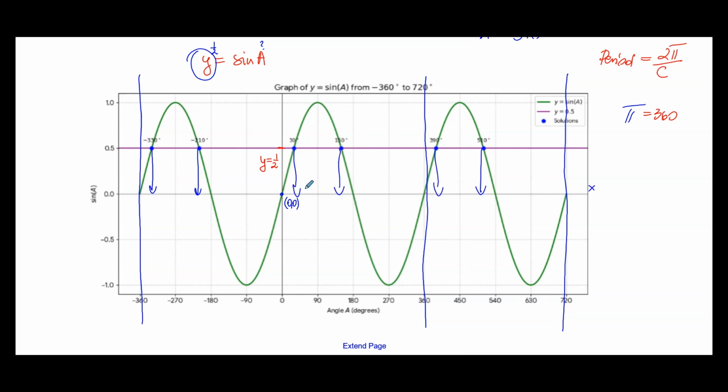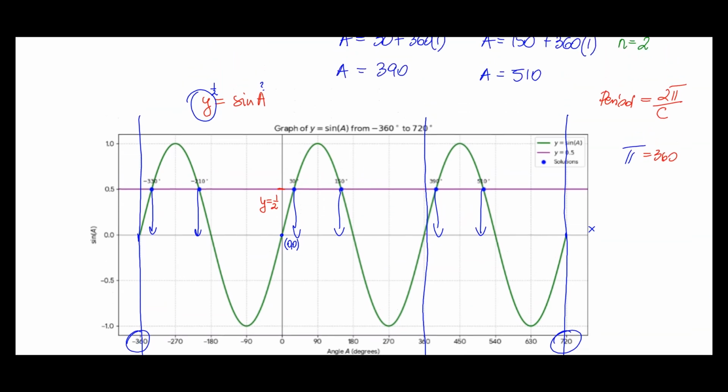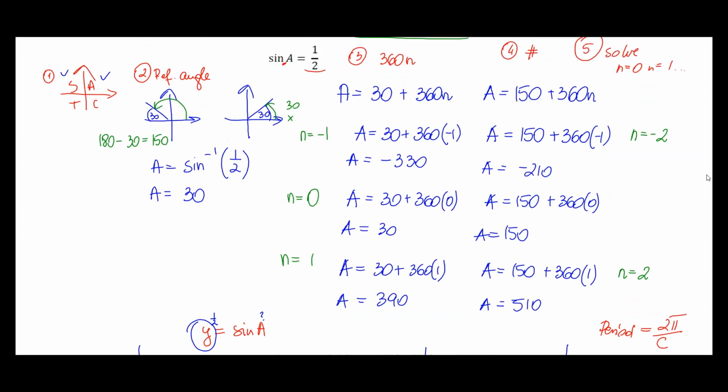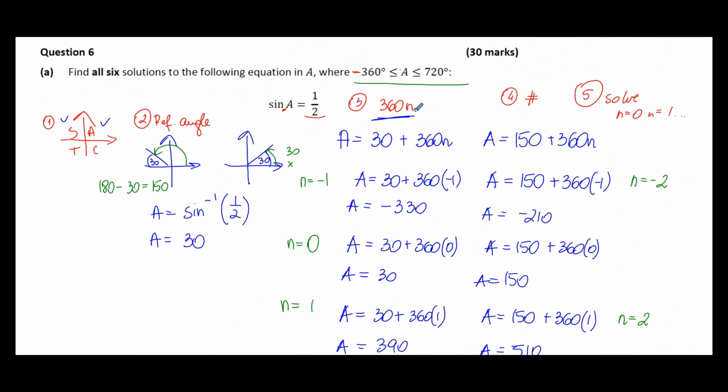If I am considering 360 and 360, here we are closing at x being 720, and on the other side, minus 360. That's the reason why we have 6 values of x, and the reason why we are asking how many of them. That's the reason why we have 360n. So hopefully that helps you understand why we are taking those steps.